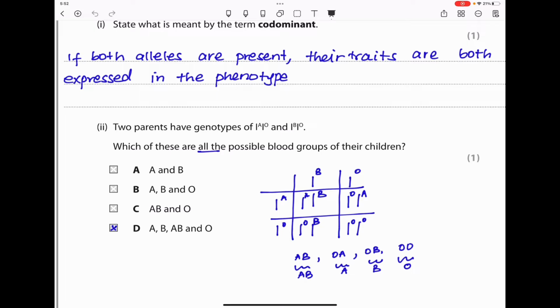If we have 2 parents, these are going to be the genotypes they have here, the B and O and A and O. This gamete and that gamete are going to produce this specific phenotype, which is AB. Here we have AO, or OA, OB, and then OO, which is O. So here we have AB blood group. We have A, we have B, and we have O. So the answer should be D, corresponding to what we have seen.